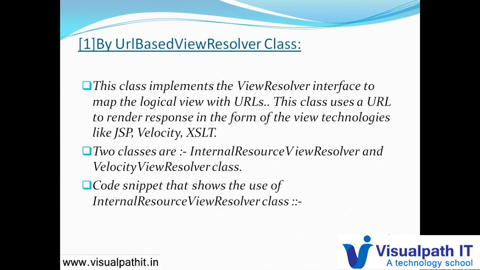One is for the specific view. The internal resource view resolver is used for setting a specific view to render a view, whereas the velocity view resolver is used for some specific velocity properties pertaining to all the views in the web application.